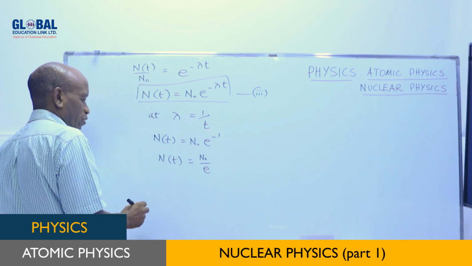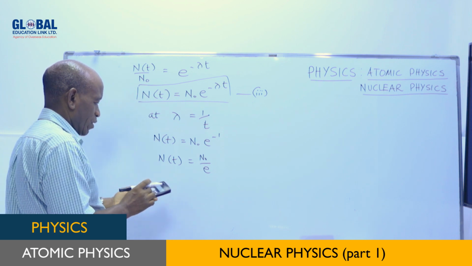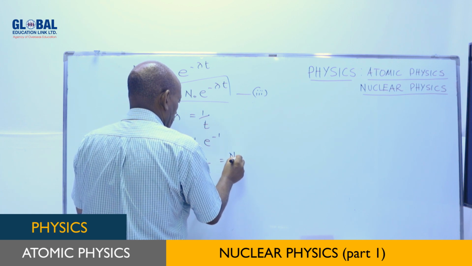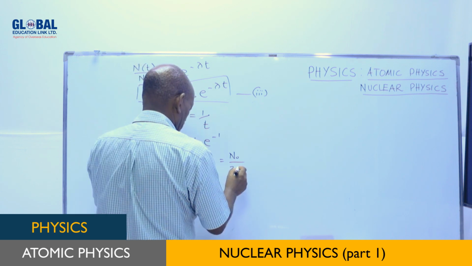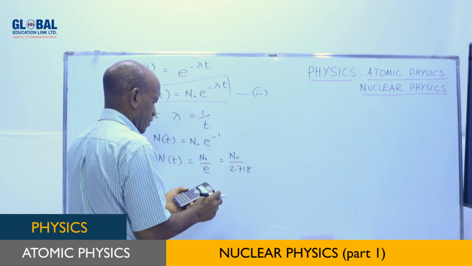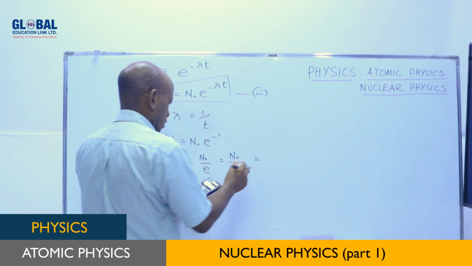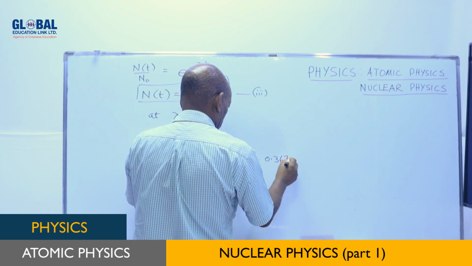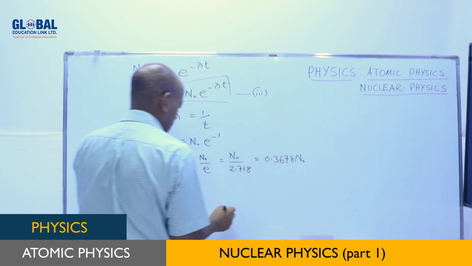This will just be equal to n naught over e. And if I compute there, you'll just be able to find that this is equal to n naught over e, which is equal to 2.718, and actually this will just be equal to 0.3678 n naught.